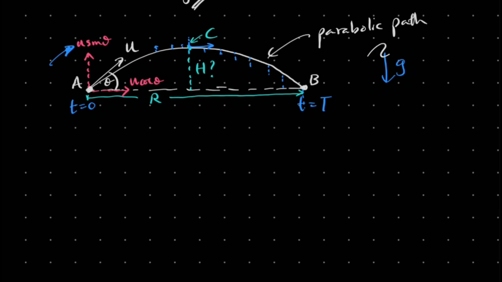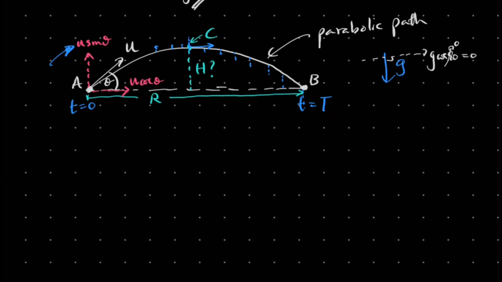There's no horizontal acceleration, because if you have a vector, there's no effect in the perpendicular direction. If you even try to resolve it, it would come as g cos 90, and cos 90 is 0.